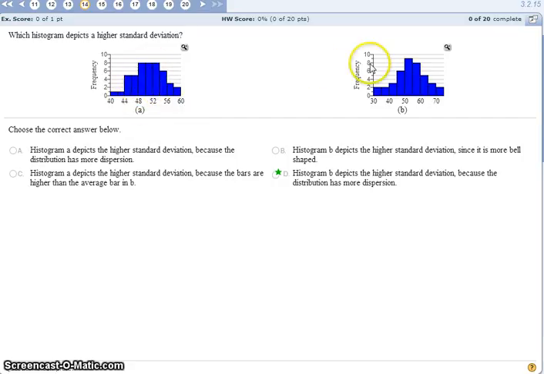So it's going to have a smaller standard deviation than this histogram because there's more data that's spread out. The bars on the end are higher in comparison to this, and there's just not as much clumped close together in the middle. So histogram B has a higher standard deviation because the data is more dispersed, more spread out.